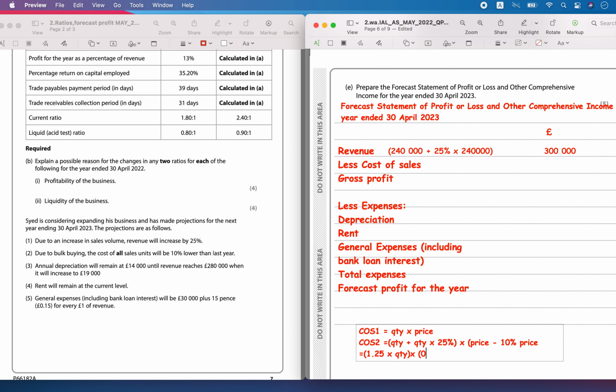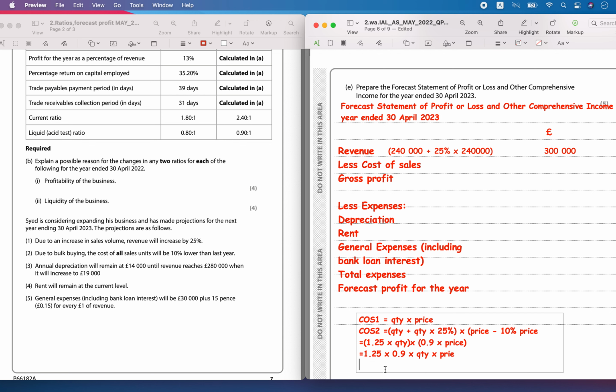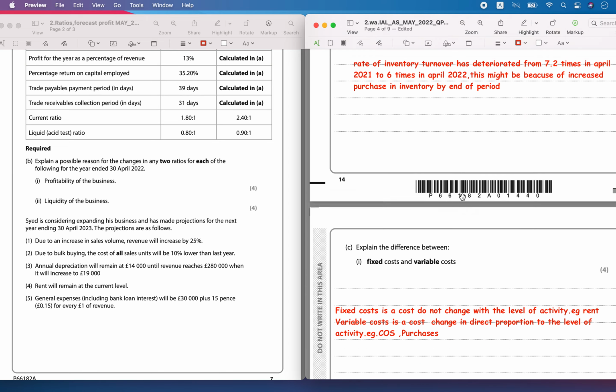It has got decreased, so it is 0.9 times the price. So this means 1.25 times 0.9 times quantity times price, right? We already know quantity times price is COS1. So that is equal to 1.25 times 0.9 times this quantity and price, which we had already calculated as the cost of sales.